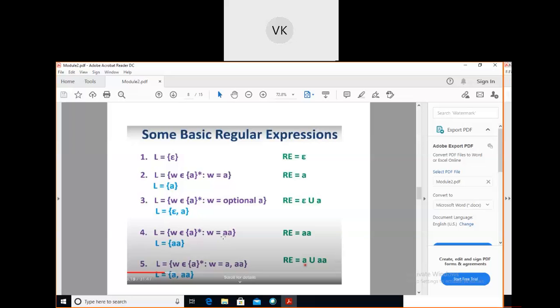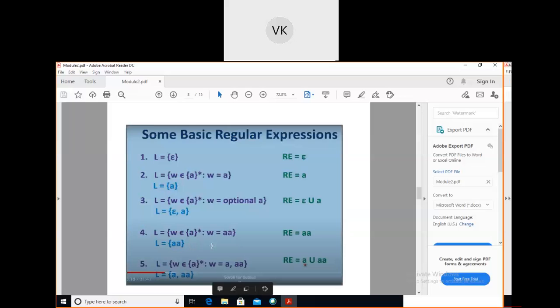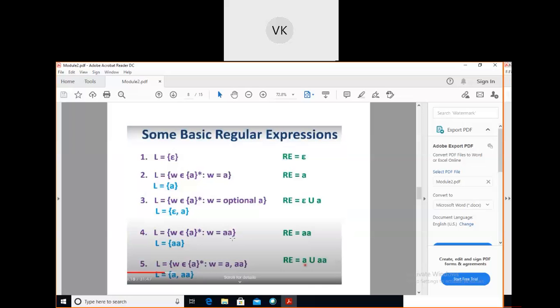So the possible string for the language is aa only, and the regular expression for this language will be aa.